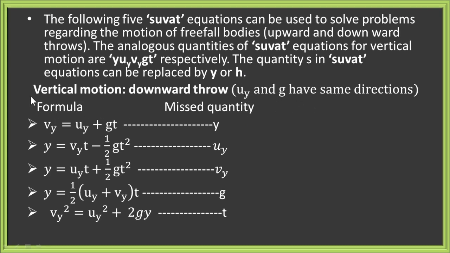The formulas of the sub-equations can be substituted by Y, Ui, Vy, G, and T as follows: Vy equals Ui plus GT. If Y is missed, Y equals Vy T minus 1 over 2 G T squared, and so on.